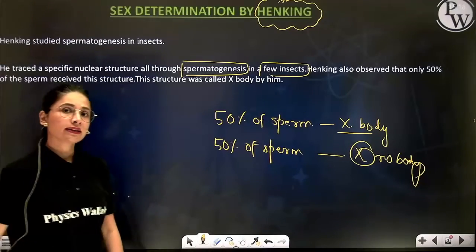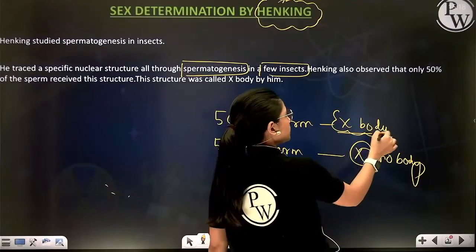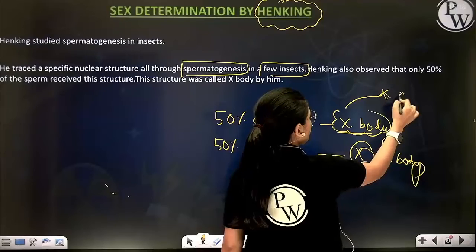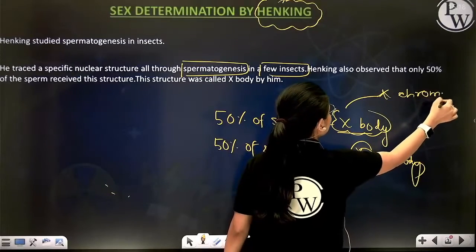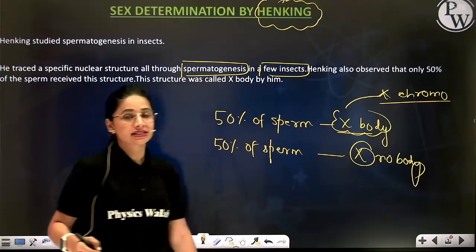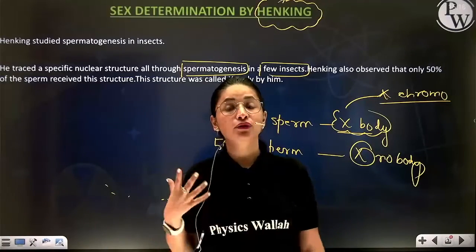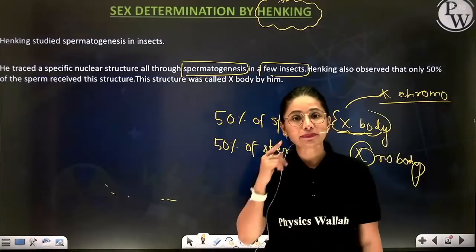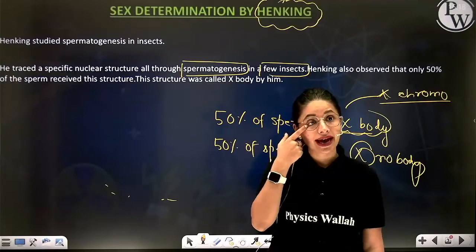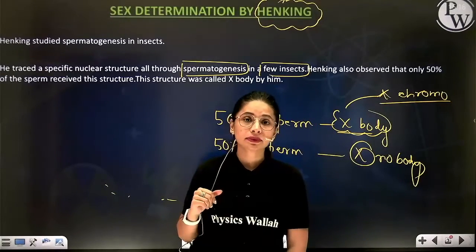Later on, these X bodies were termed as X chromosome. So this is basically the type of sex determination given by Henking on the basis of the nature of chromosome. So this type of sex determination is known as chromosomal sex determination.